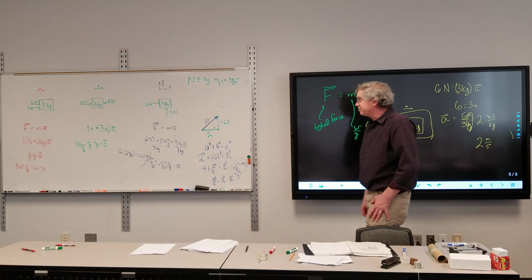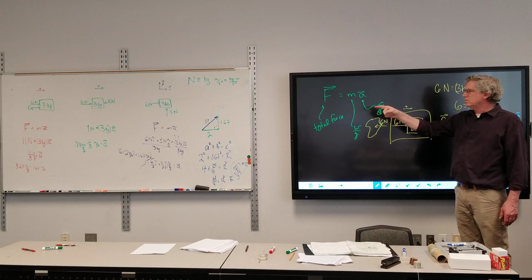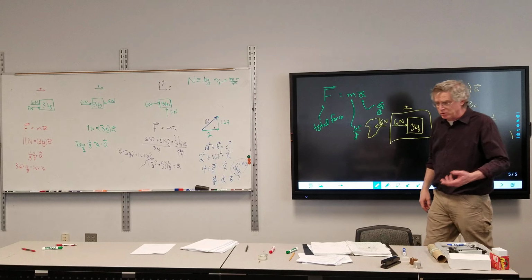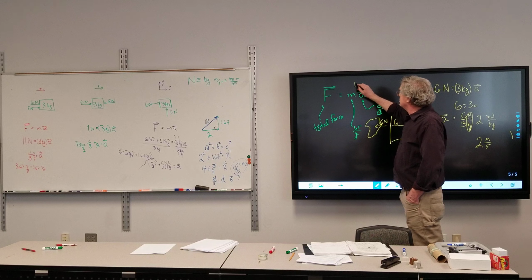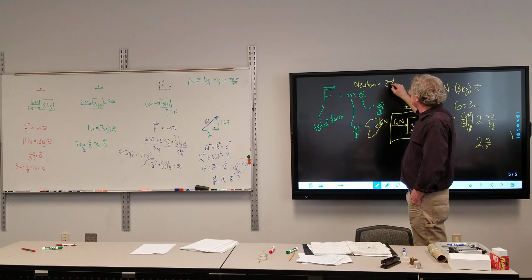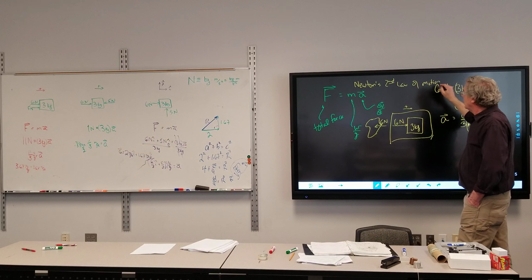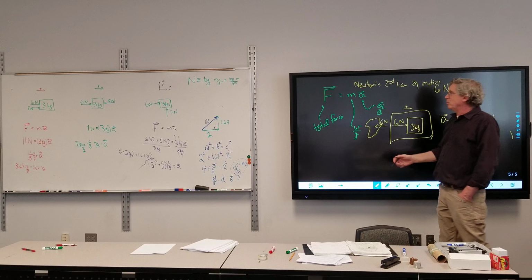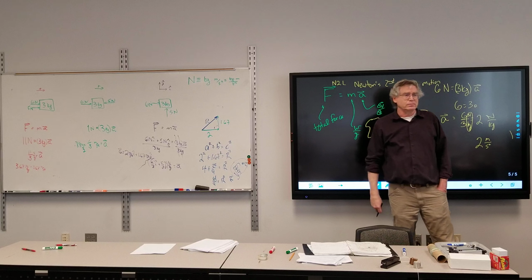All right, by the way, F equals ma, this has a name to it. This is Newton's second law of motion, or generally just shortened to Newton's second law, or when I'm writing it, I will often abbreviate it as N2L.